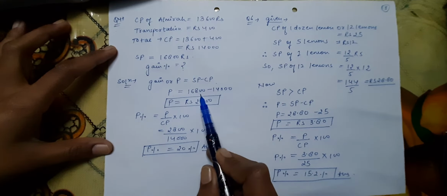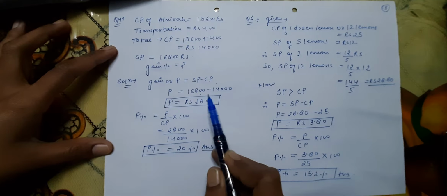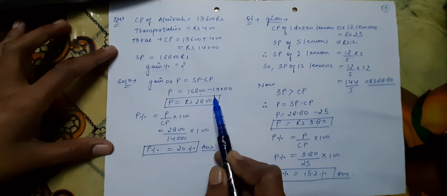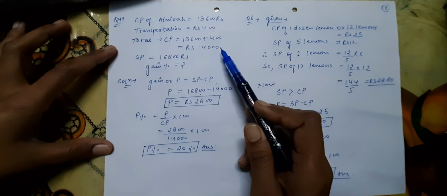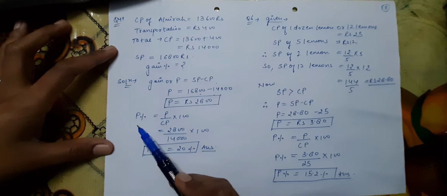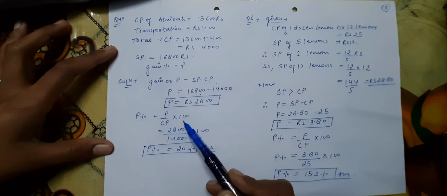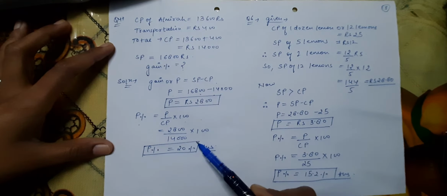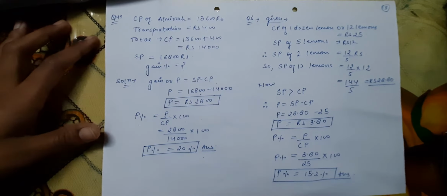Your selling price is 16,800 and your cost price is 14,000, which you have calculated by adding the transportation charges to the cost price of the Almirah. Now in order to calculate profit percent, you will use this formula, profit upon cost price into 100. You will put the values and you will get your desired answer, that is 20%.